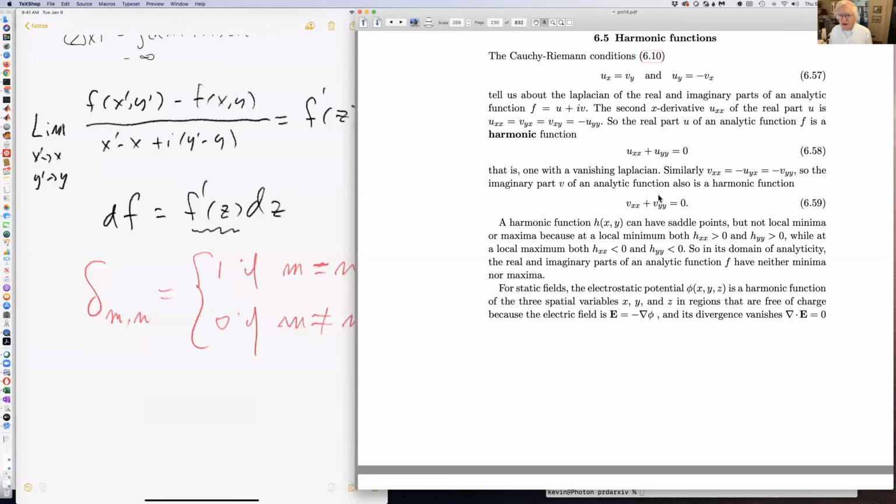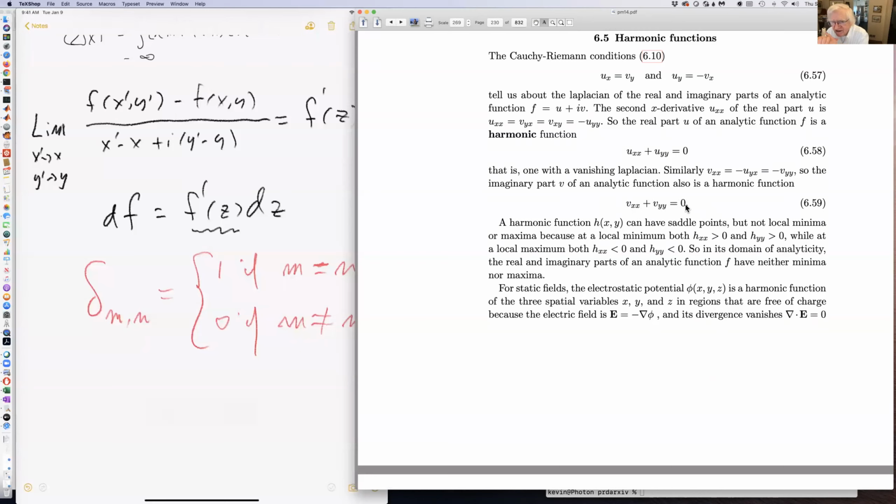Laplacian is just a shorthand way of saying the sum of the second derivatives. By second derivatives, I mean the second derivative with respect to x plus the second derivative with respect to y, those two acting on v or acting on u, both give 0.